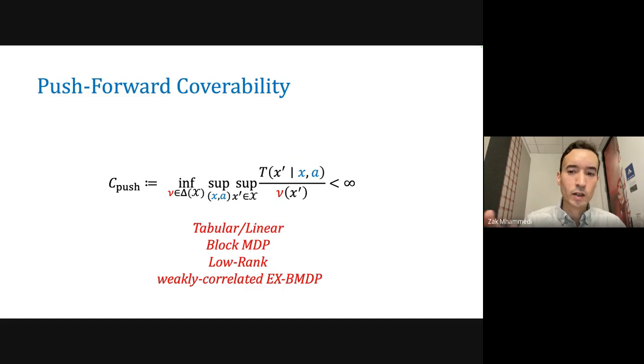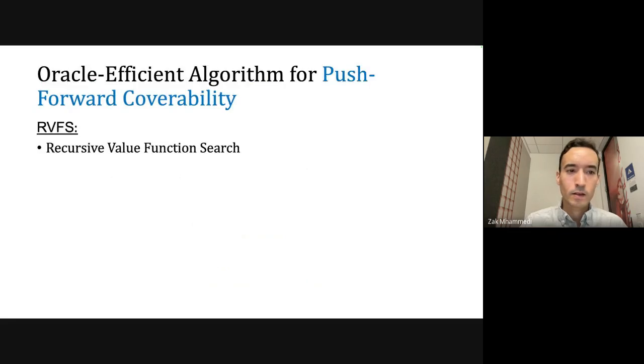As I mentioned earlier, this includes all the settings known to be computationally tractable in online RL, and it also covers new settings like a version of the exogenous block MDP where the exogenous noise is only weakly correlated over time. RVFS stands for recursive value function search.